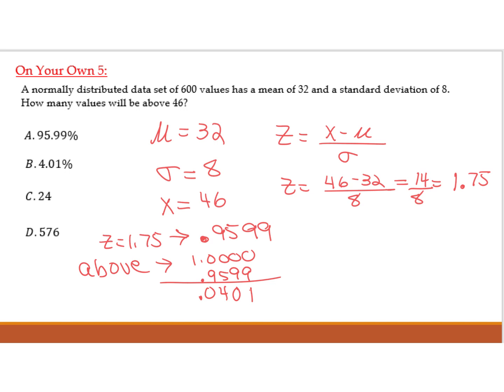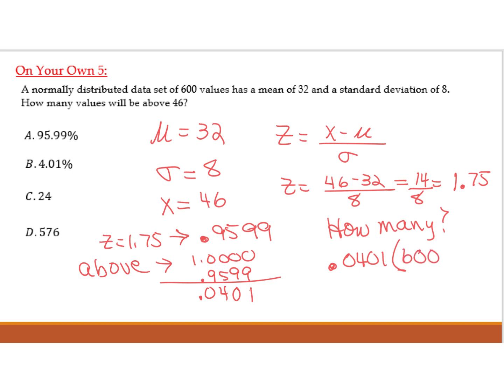And I get decimal 0.0401. It asks me how many values. When it asks me for how many, that means I need to take the decimal that I got from my z-score table and multiply it times the total number of the data set, which is 600 values.